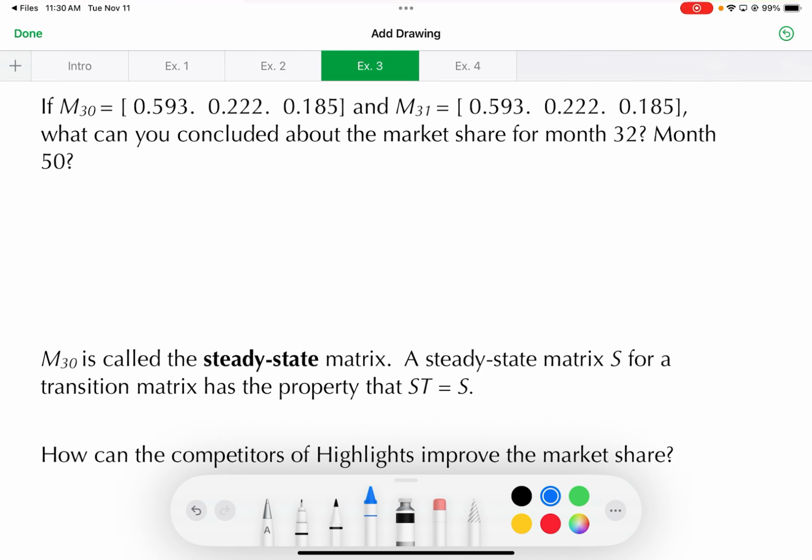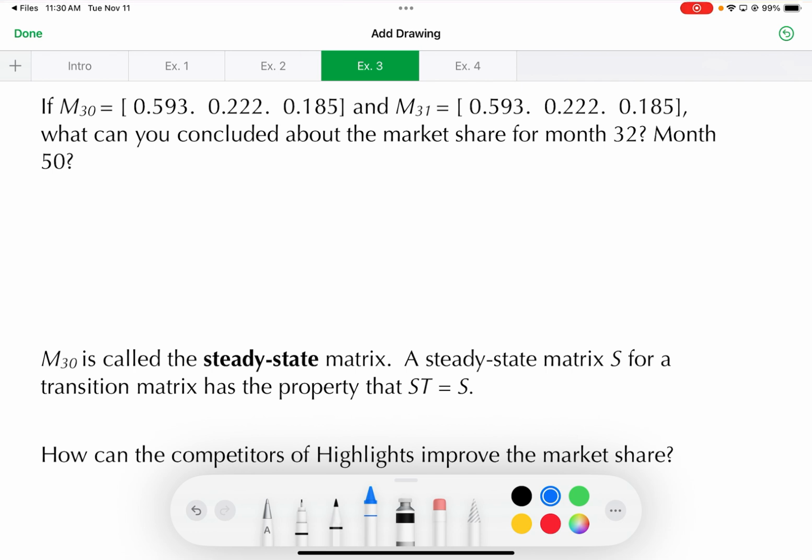Okay, so what if M30 is given by the 1 by 3 there, 0.593, 0.222, 0.185, and M31 is the same matrix? What can you conclude about the market share for month 32, month 50?